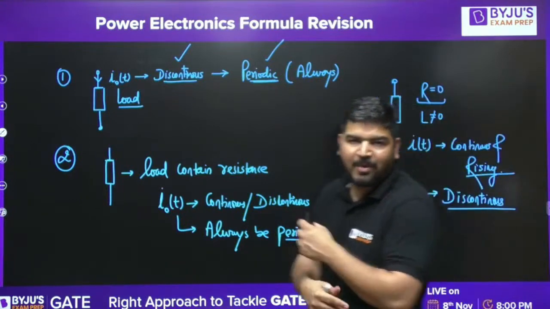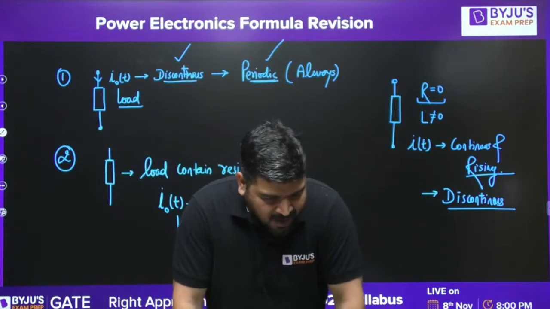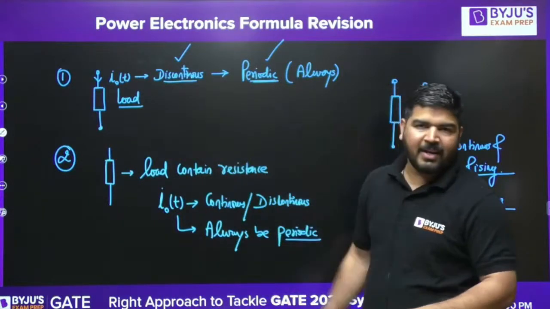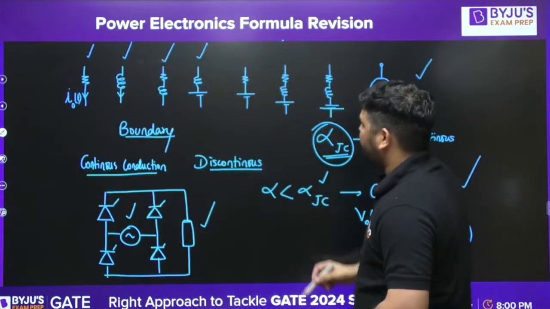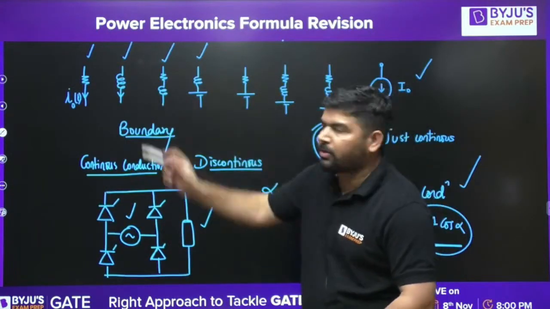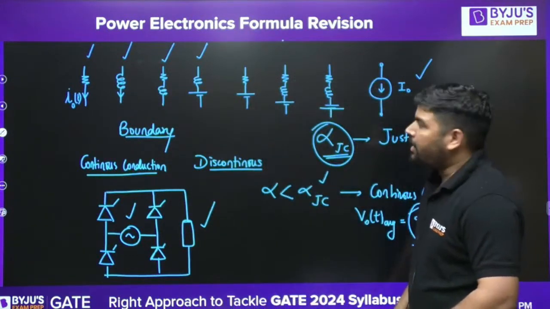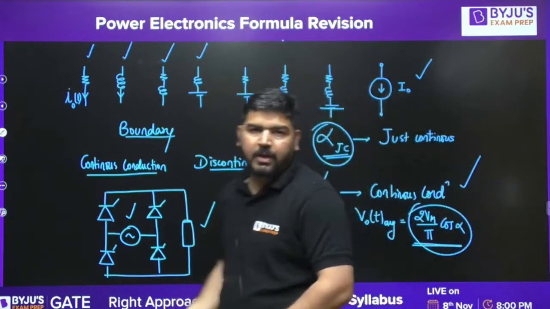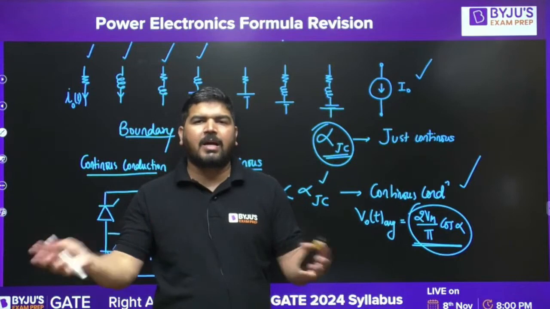In the next class I'll apply these points and we'll revise the phase control rectifier itself, because this is not completed yet. I have only told you about the type of loads. Now I need to discuss these loads one by one, and after that we'll go to the DC-DC converter. There are not so many formulas in power electronics.